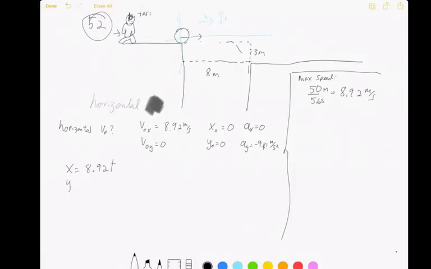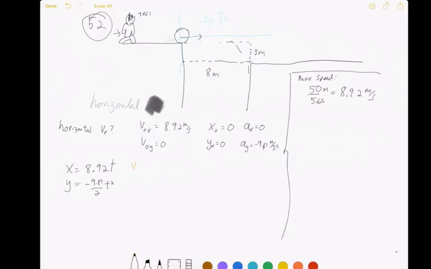Y is equal to 0 plus 0 minus 9.81 times t squared divided by 2. I think the hand recognition isn't going so good right now.